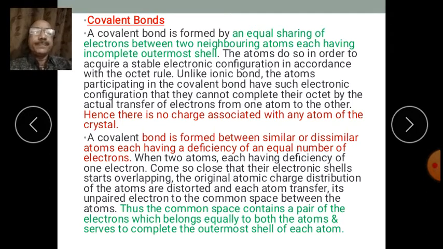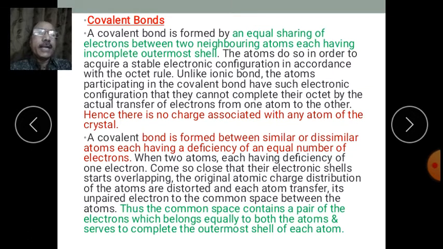Thus, the common space contains a pair of electrons which belong equally to both the atoms and serves to complete the outermost shell of each atom, isn't it? So two atoms come closer to each other. They each need one electron to complete their octet.